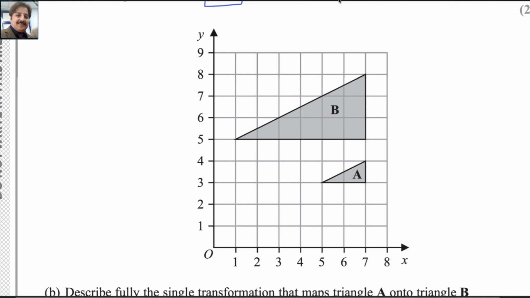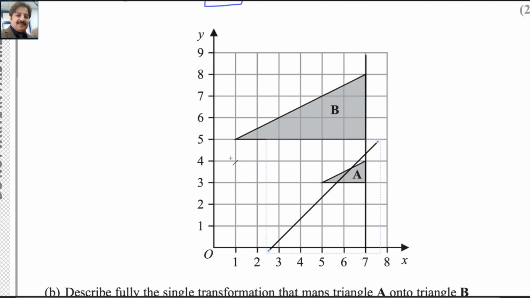Draw a line through corresponding vertices. For example, draw a line from this vertex through that, so we join it like that. Luckily it is also passing through the other vertices. Now we will draw another line passing through these 2 vertices.